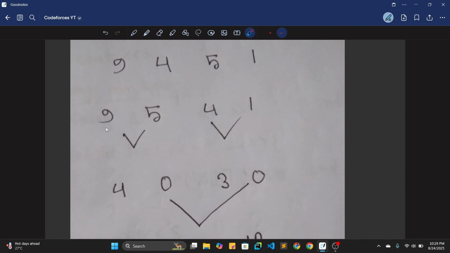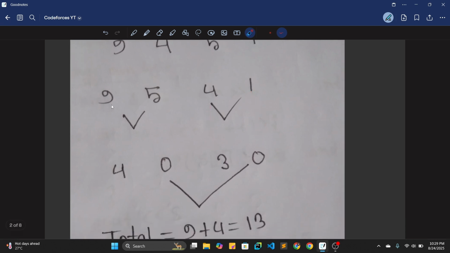So the first villager's grumpiness becomes 9 minus 5, which is 4, and the second villager's grumpiness becomes 5 minus 5, which is 0. The same thing happens with these 2 villagers. This will become 3, and the fourth villager's grumpiness will become 0.